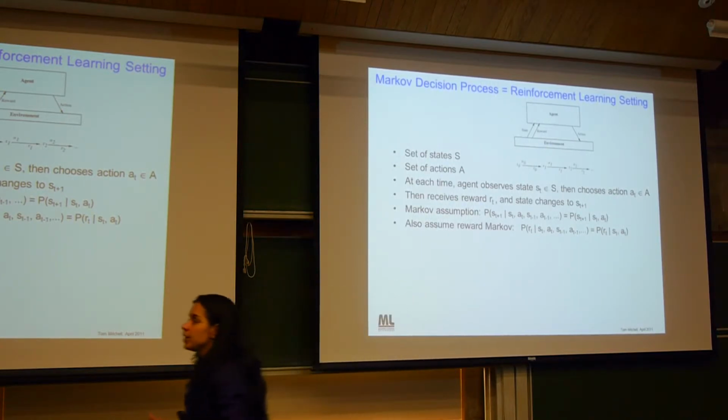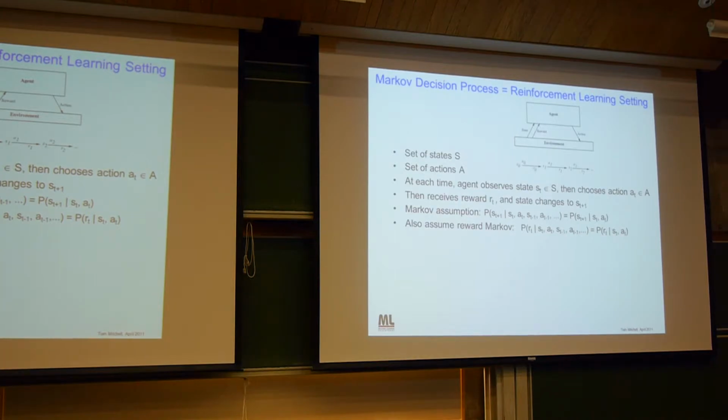In other words, the probability that I land in state st+1, given an entire history of states and actions we've been doing and observing, only depends on the probability that we land in state st+1, given that in the previous time step I was in the state st and I did action at. That's called the Markovian assumption.